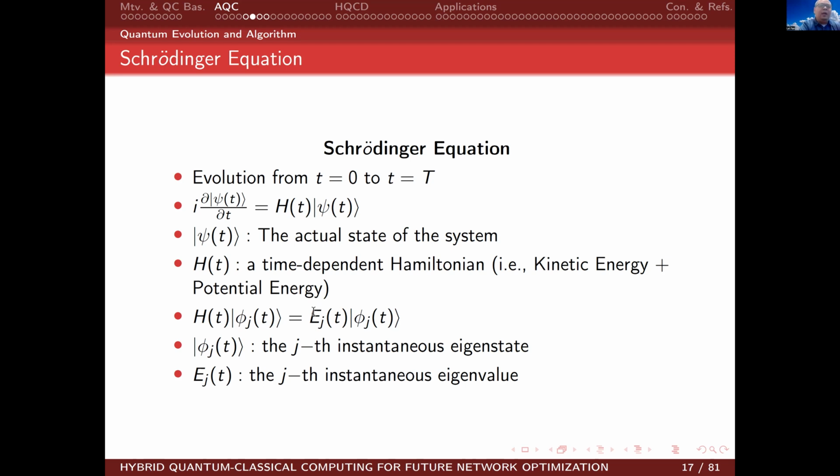So eigenstates and eigenvalues are very important information to describe the quantum dynamic system. We will see how we use this Schrödinger equation to solve the classical problems.